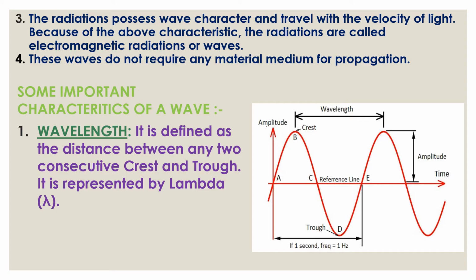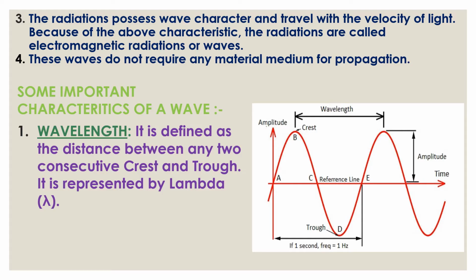Before proceeding, let us have a look at some important characteristics of a wave. You can see over here we have taken an example of a wave. The main characteristics of a wave are, first of all, wavelength, frequency and velocity. The upper part is known as the crest and the lower part of the wave is known as the trough. Let us define these terms.